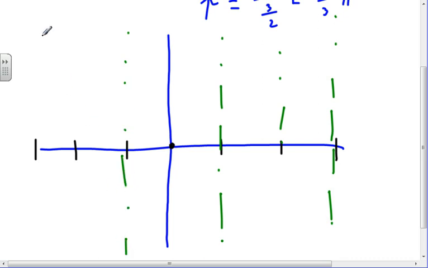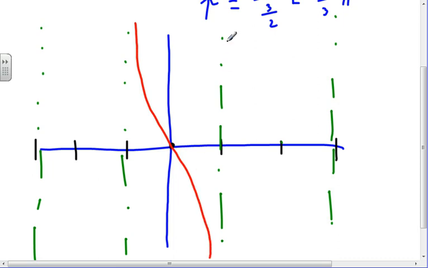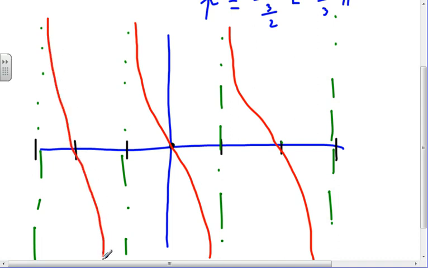I think they're too close together. Yeah, that's better. Okay, well, anyway, because of the negative sign, I'm positive when I'm negative, negative when I'm positive.